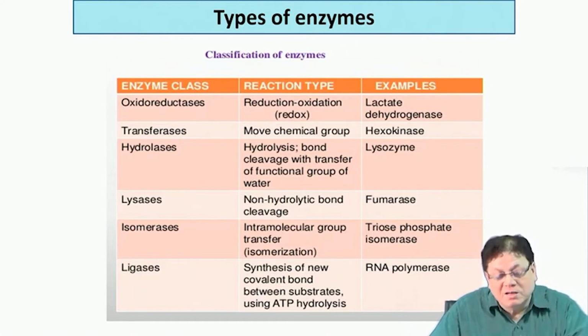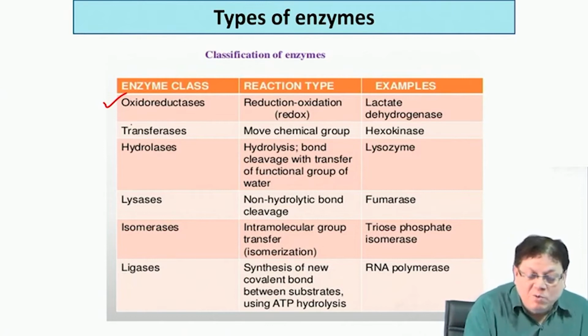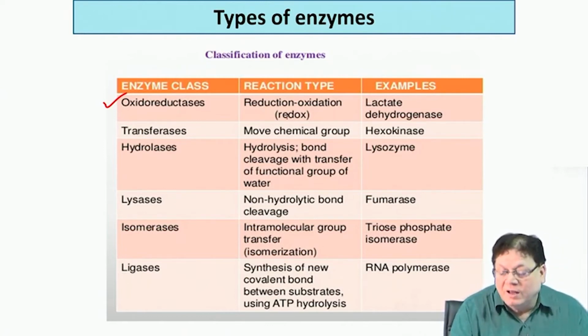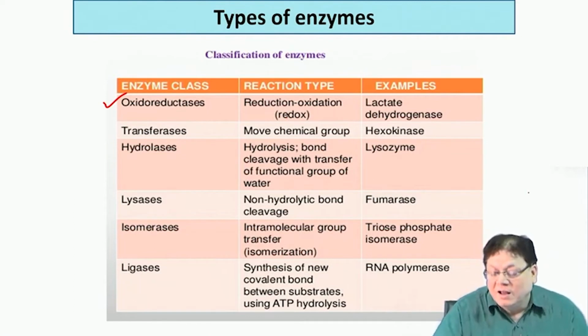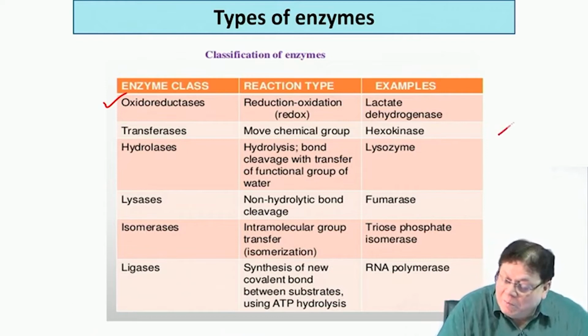The first class is what is known as oxidoreductase. What is oxidoreductase? They carry out redox processes, like lactate dehydrogenase. Lactate dehydrogenase converts lactic acid to pyruvic acid. Lactic acid is this, and that goes to pyruvic acid.